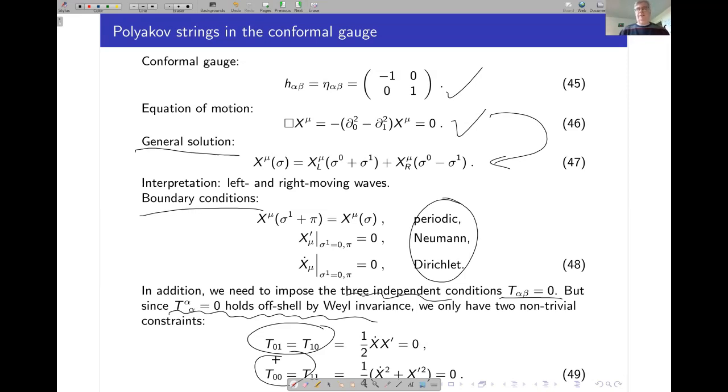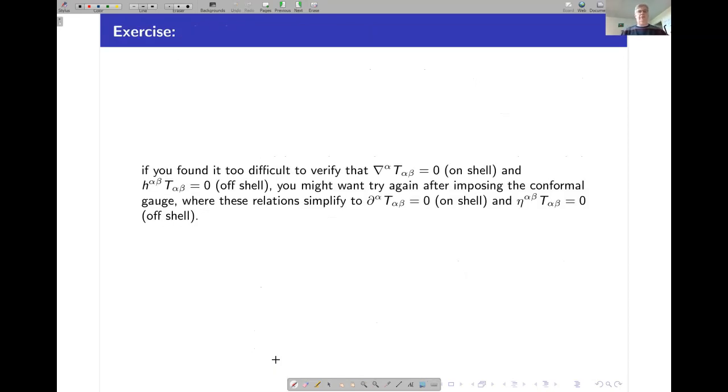Since we are reaching the end, let me see what is a good point to terminate for today. Here's a suggestion. Given also conformal gauge, if you're not so familiar with covariant derivatives, instead of checking the conservation equation for the energy momentum tensor with a covariant derivative, you can check it with a partial derivative, but you will still need to use the equation of motion.